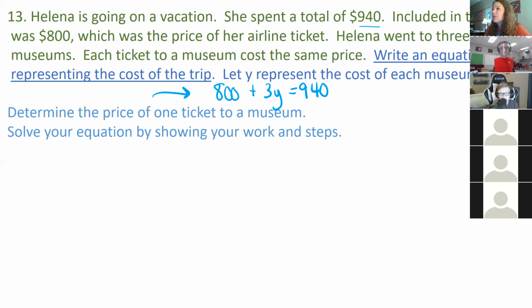So now we're going to determine the price. We're going to take away our airline ticket. So we'd have 3y equals 140. And now what do I do? Kevin, yes? You divide 140 by 3, which is 46 and 2/3.